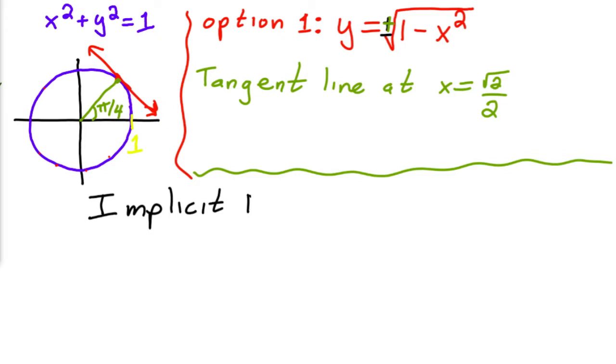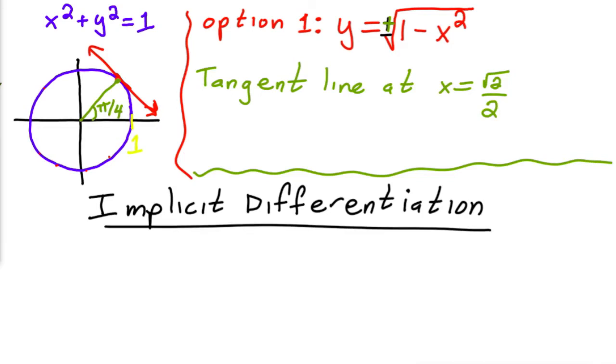And implicit differentiation helps us find the derivative when we don't have a function written explicitly in terms of one variable. So it's for when we have an equation, with x's and y's or t's or p's or whatever, just kind of mixed in.